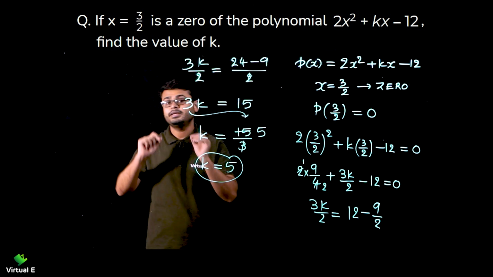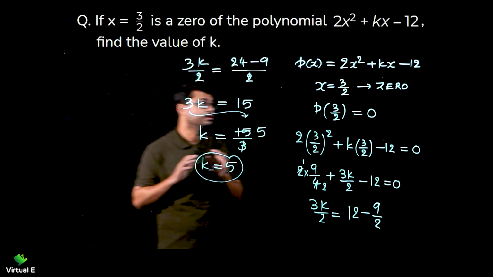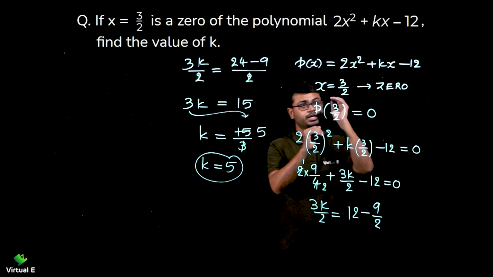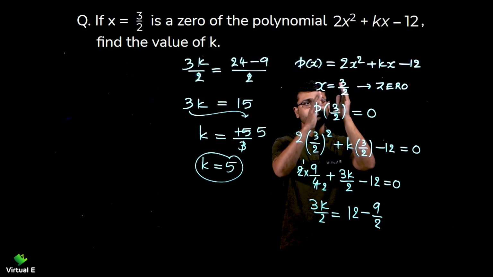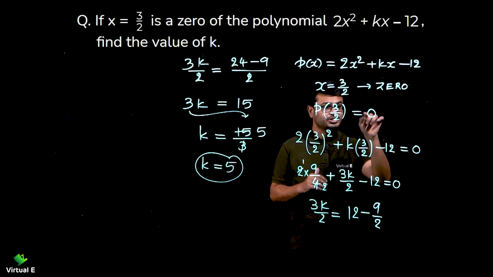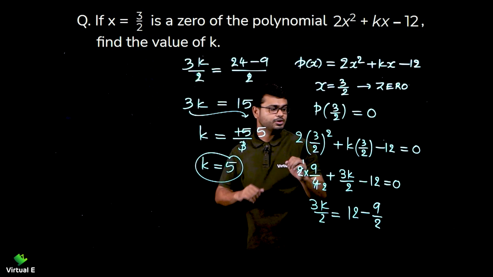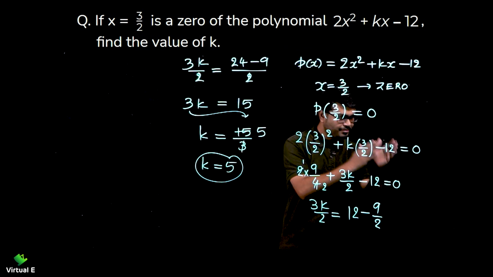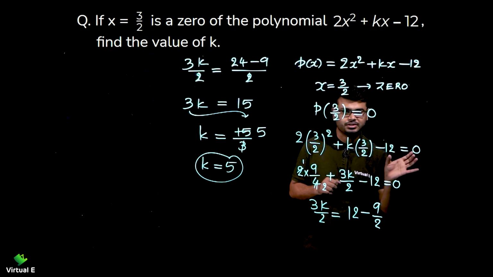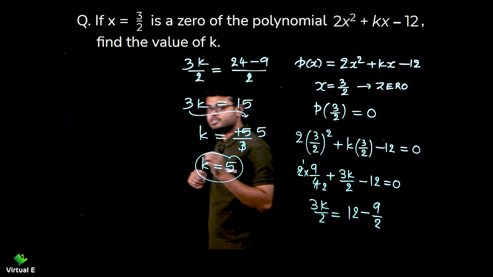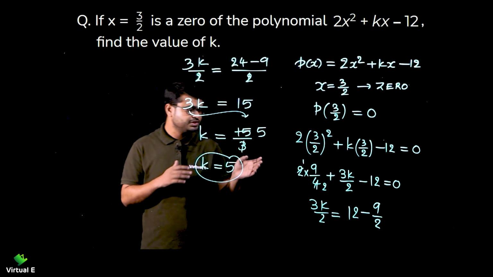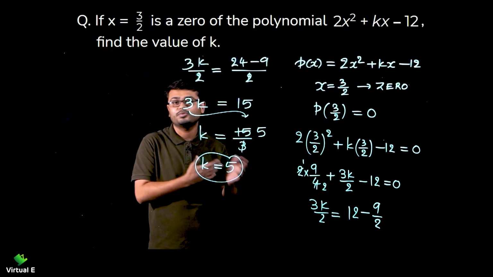What we did in this question, that's very important. We have the polynomial and we have the zero as well. It means that if I substitute this value of x into this polynomial, what answer shall I get? 0. So we substituted, and remember this is the most important part: you need to keep the RHS 0. If you don't keep the RHS 0, you will be confused about how to solve this equation. You won't be getting the equation at some point.